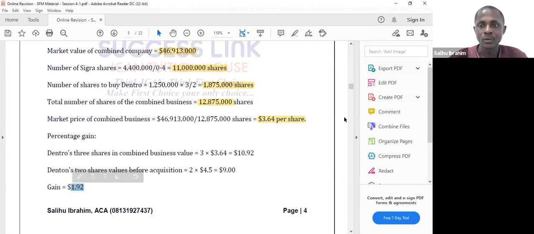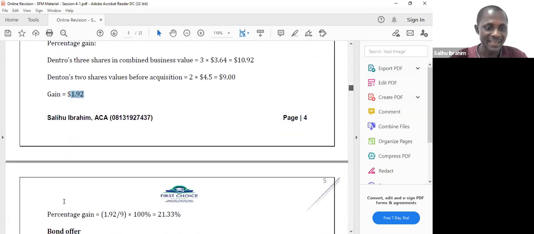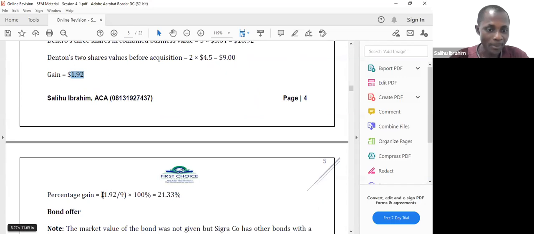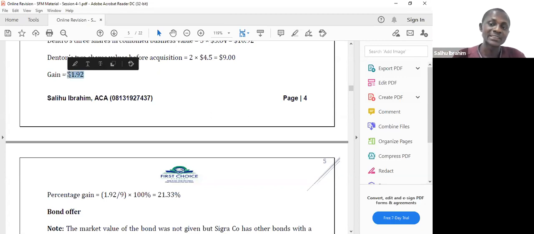So the percentage gain will now be 1.92 over 9. You can see that I didn't say over 4.5. Why did I not say over 4.5? Because the shares that produce this profit of 1.92 are 2 shares. What we gave up to get this profit of 1.92 are 2 shares, and the 2 shares were valued at 4.5 each.